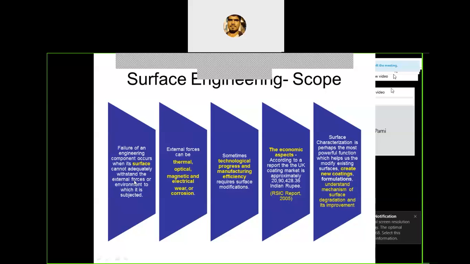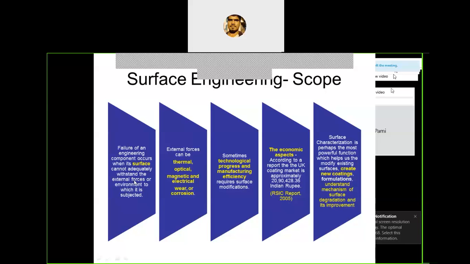First the thermal loads, optical loads, magnetic or electric force come into contact with the surface, then penetrate into the component.